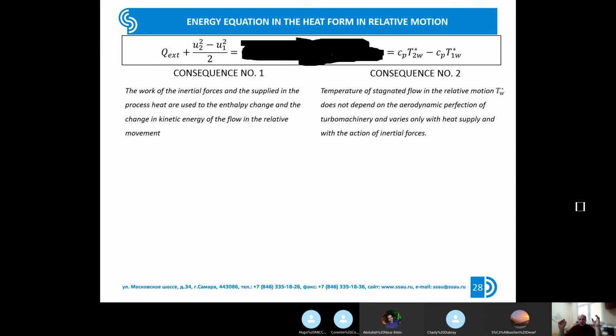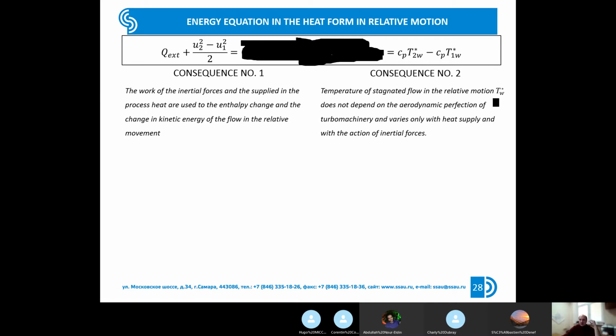The total temperature of the flow stagnating in relative motion, T_w*, will change only in the case of supplying external heat and moving in the field of action of inertial forces.